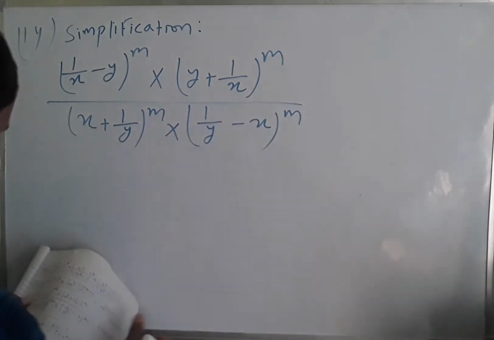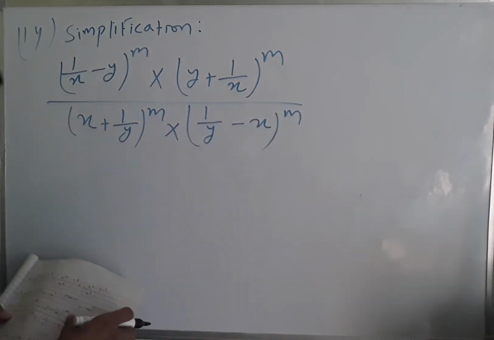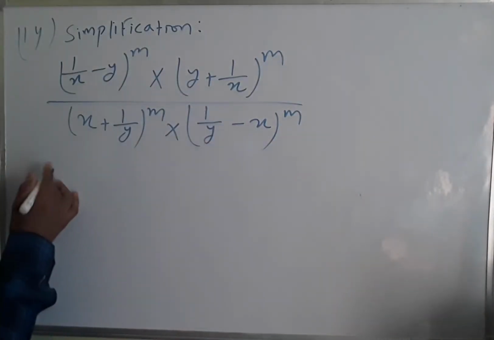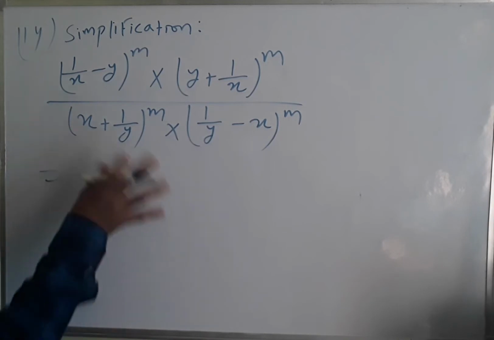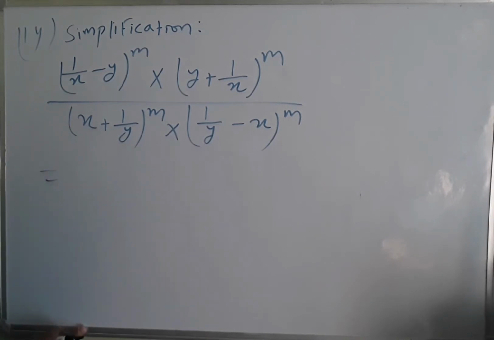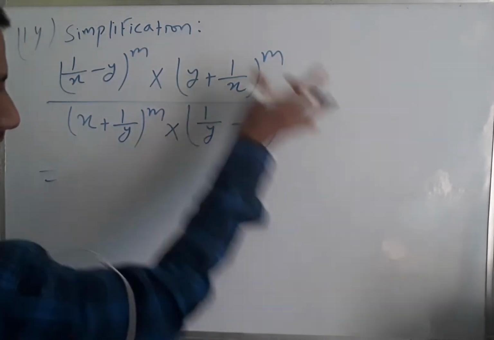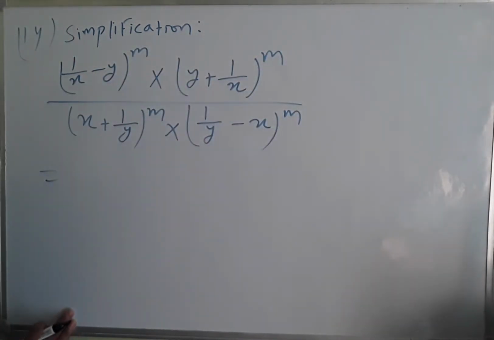Let me just match the problem a little, because if it doesn't match, I won't get the desired result. Now, this problem we have to simplify, meaning we have to write it in simpler terms, terms that are more understandable than this. How can you do that?